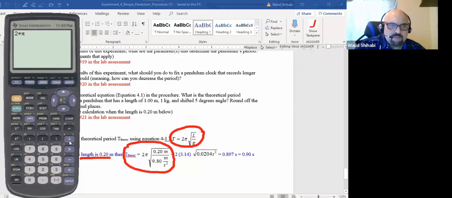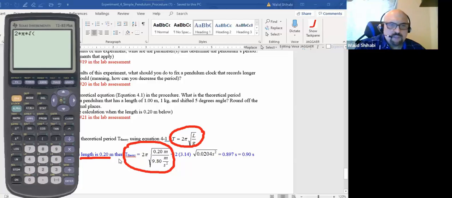Then you have to multiply it by the square root. So now we multiply, and then we'll open the square root. As you see, the square root is here, so we have to press second, then press here, where the square root is located. This will open parentheses.